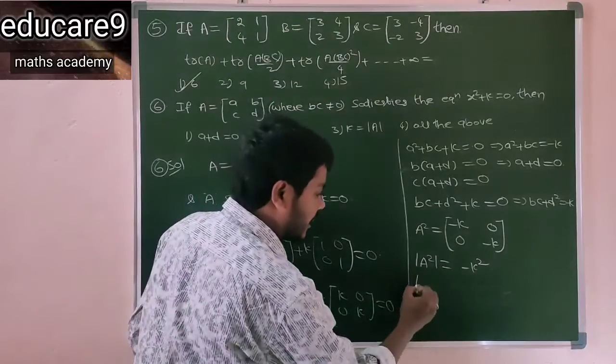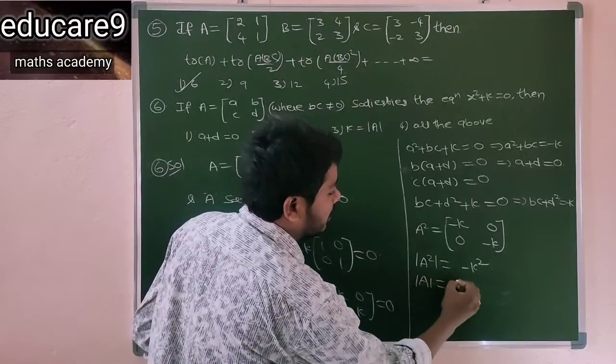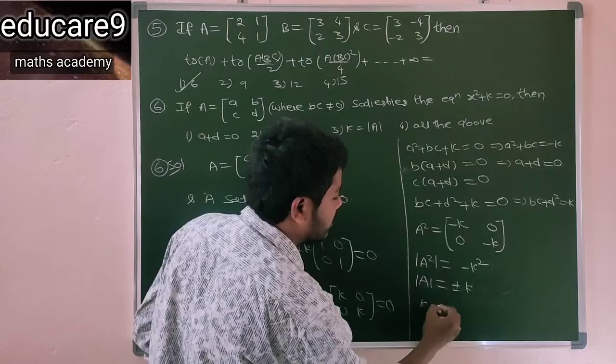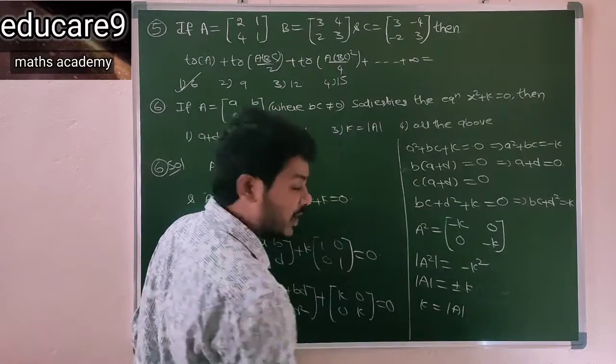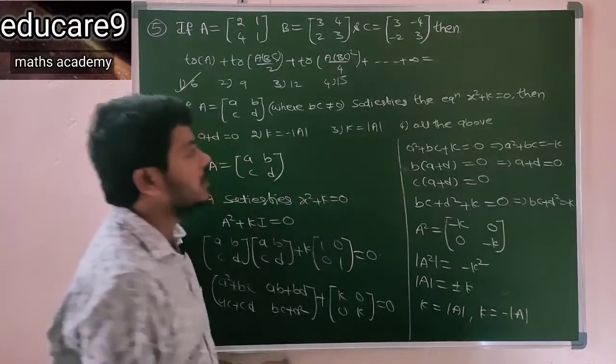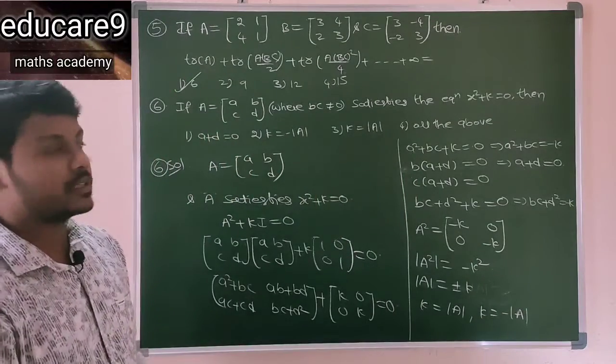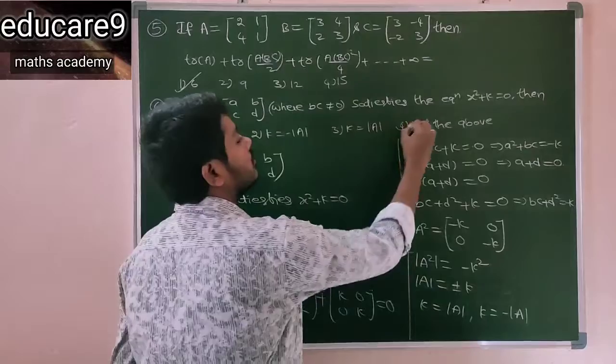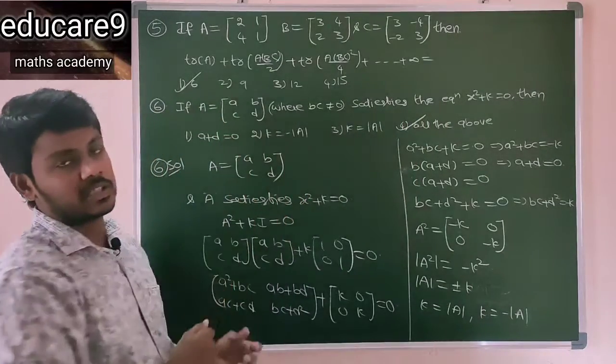Therefore determinant of A is plus or minus K. So K equals determinant of A and K equals minus determinant of A. So clearly the option is all of the above. These three conditions are satisfied.